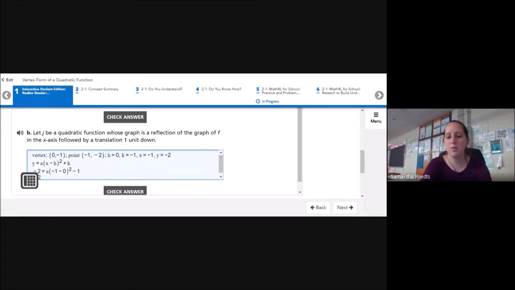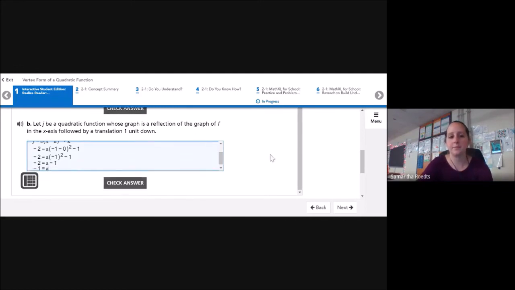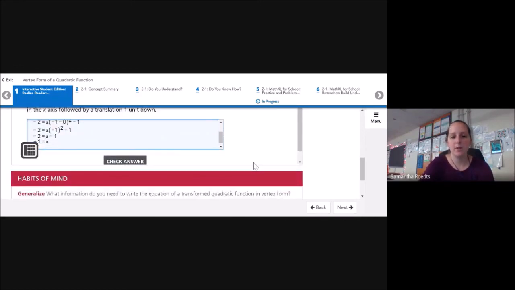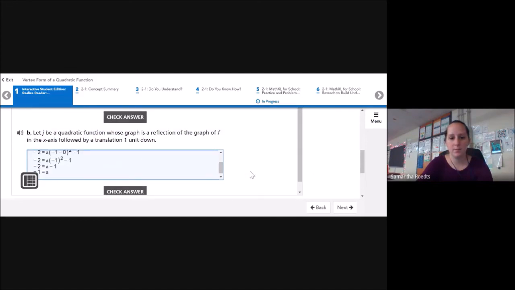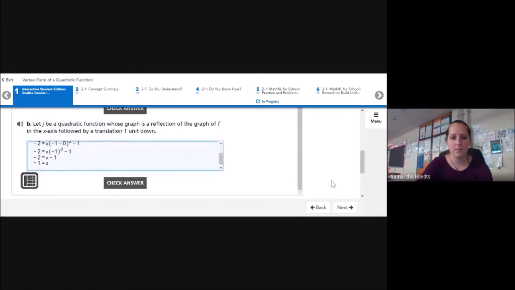So negative 2 equals a times negative 1 squared minus 1. So negative 2 equals a minus 1. I'm going to add 1 to both sides, so negative 1 equals a. So the vertex form is y equals negative x squared minus 1.